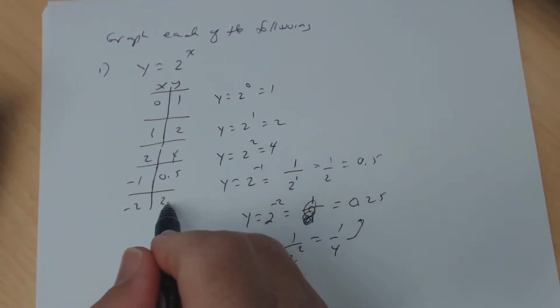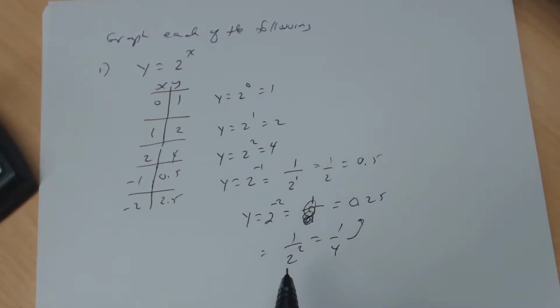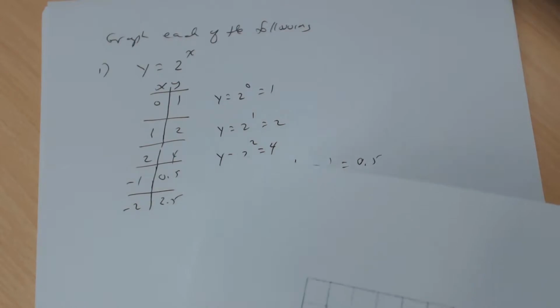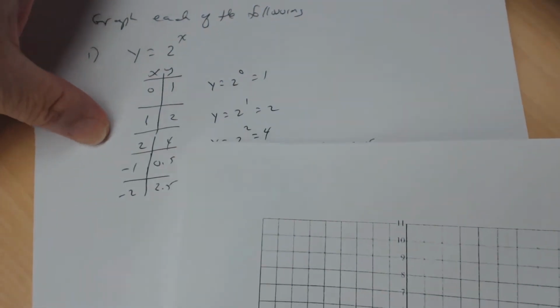All right, now let's just see what it looks like in terms of a graph, and let's see what we can do with it. Now we may need to plot a couple more points just to emphasize a couple of things.